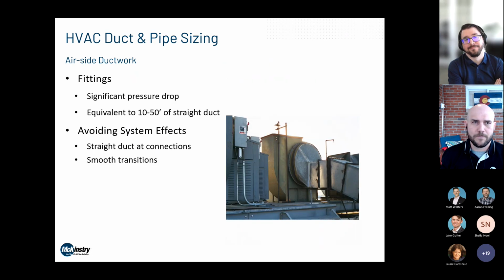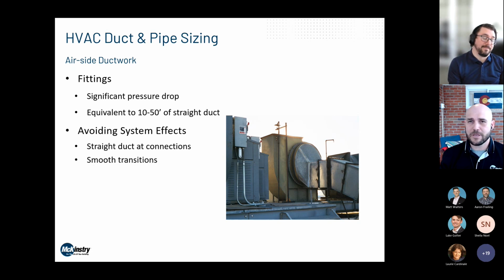Other thing on sizing is fittings can add a lot of pressure drop to a system. A standard elbow in a duct system can be equivalent to between maybe 10 and 50 feet of straight duct. And I've been in new construction buildings or just looked above ceilings, and oftentimes you'll see transition after transition and fittings back to back.